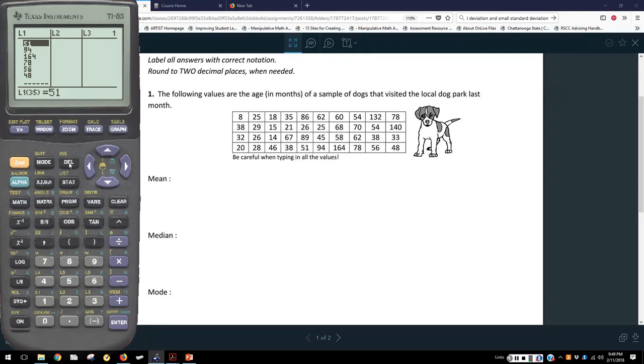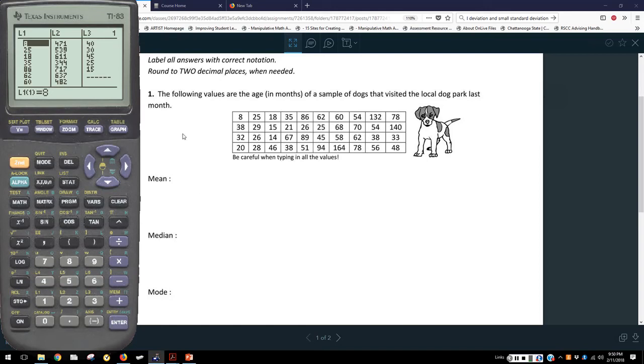So edit your data. And it seems that all of my data is correct.